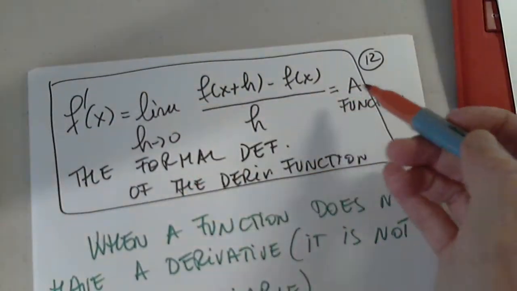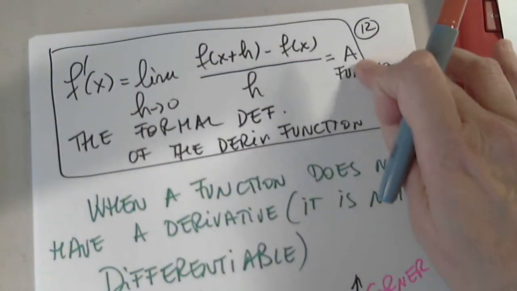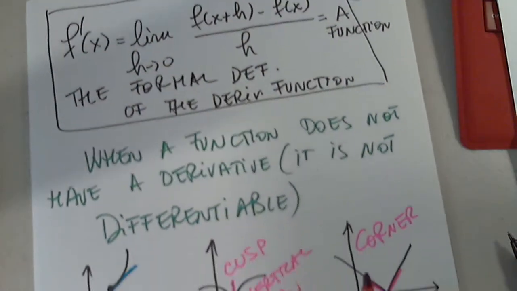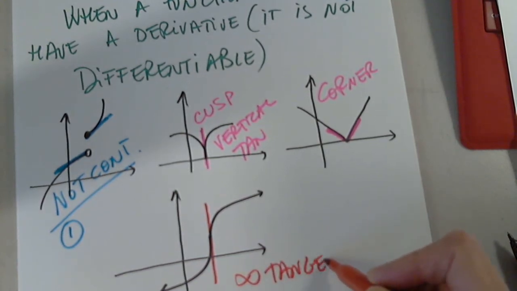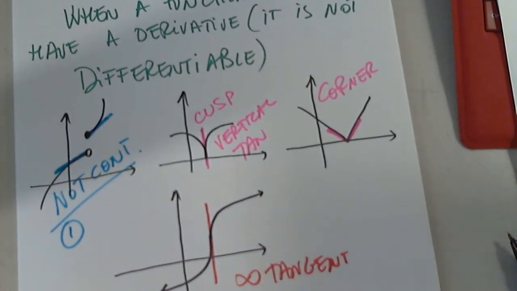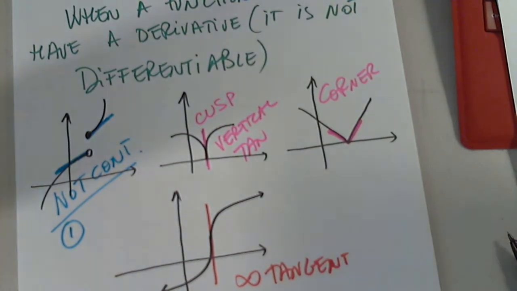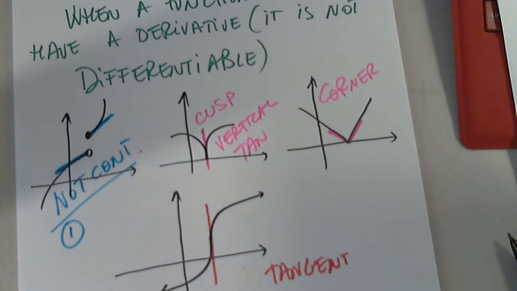So if the limit is infinity, the derivative doesn't exist. I would like to say vertical tangent instead of infinite tangent. The limit is infinity, but I prefer writing vertical tangent. So these are the situations when a function is not differentiable.